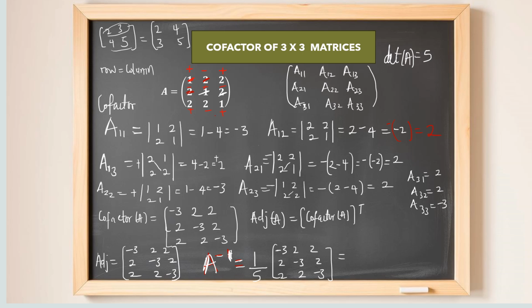You can leave the answer like this, or you can simplify further: minus 3 over 5, 2 over 5, 2 over 5, 2 over 5, minus 3 over 5, 2 over 5. By dividing, 1 over 5 is going to be a scalar, 2 over 5 and minus 3 over 5. So this is going to be your A inverse.